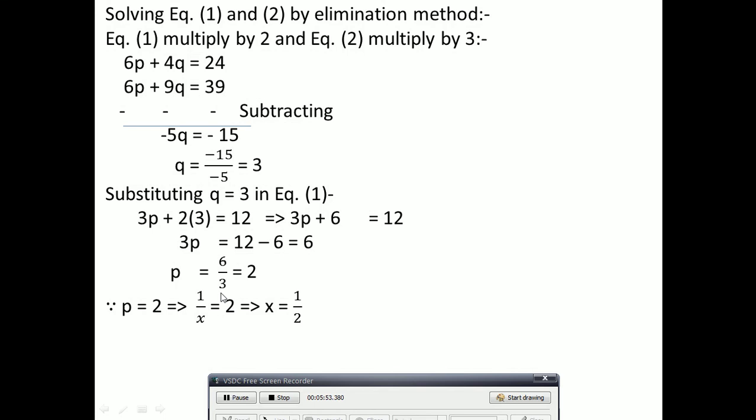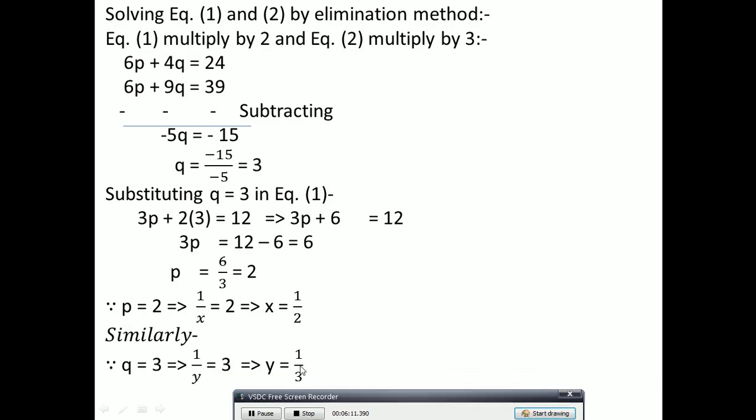But we have to find the value of x, so we will take the reciprocal on both sides. The reciprocal of 1 by x is x, and the reciprocal of 2 is 1 by 2. Clear? Similarly, we can find the value of q. That will be 1 by 3. That is our first part of question number first.